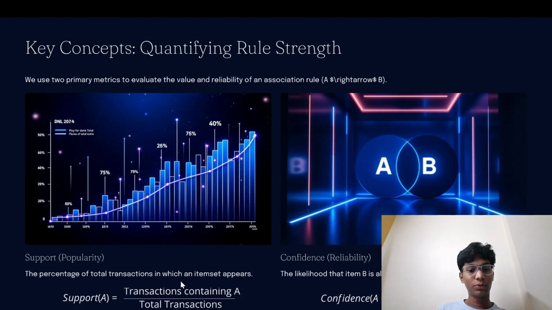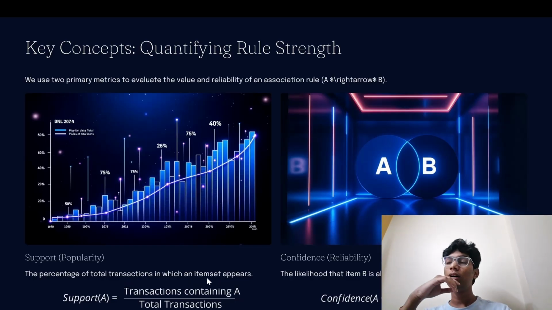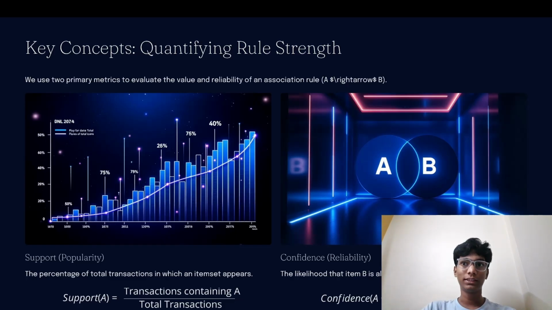Support is the percentage of total transactions in which an item set appears. Right. If you're in a supermarket and we write code such that every object is included, and we see what every person buying a certain object is buying alongside it, it's going to make unlimited combinations, which is computationally impossible to calculate.